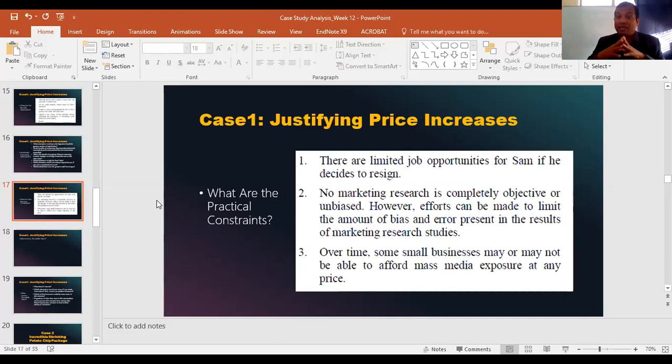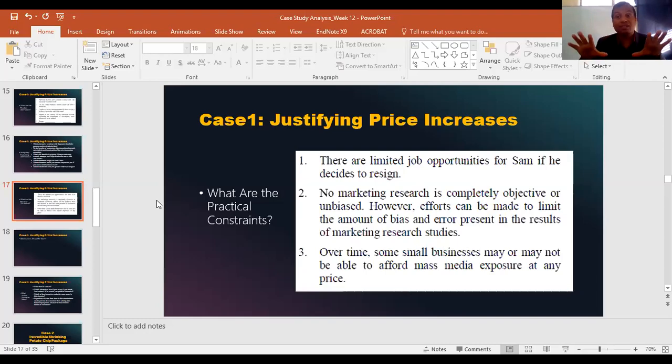However, efforts can be made to limit the amount of bias. That's what we, as researchers, and other global researchers are doing. In every research article, I try to address those biases, and I suggest that I tried to minimize them by following certain guidelines and methods.